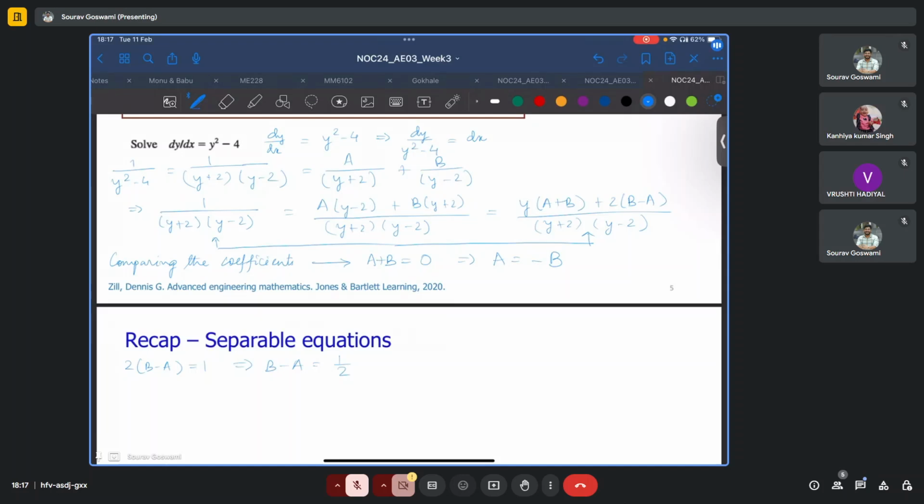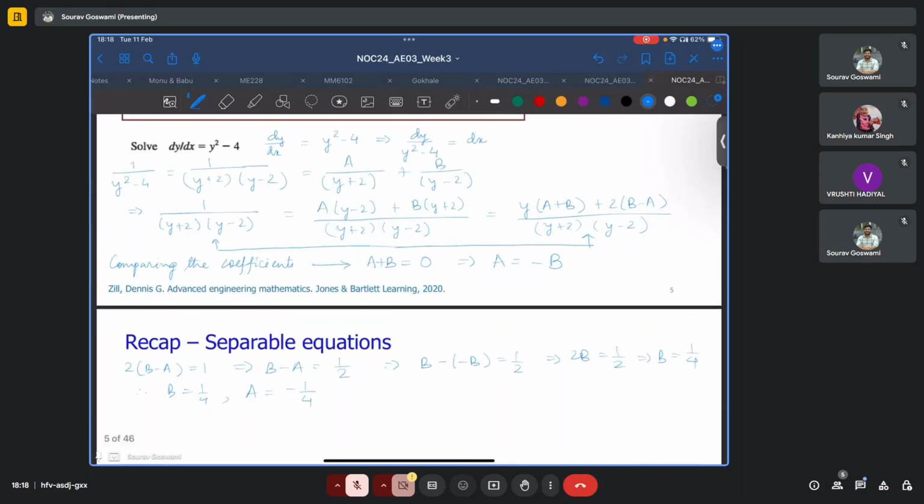Now a is already equal to minus b, which implies that b minus (minus b) is half, or 2b is half, or b is 1/4. If b is 1/4, then a is minus 1/4.